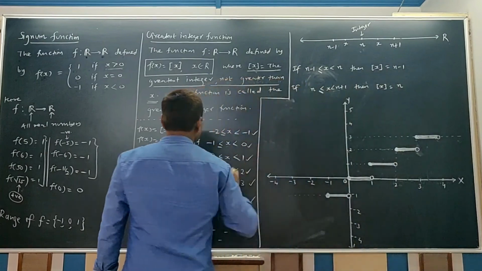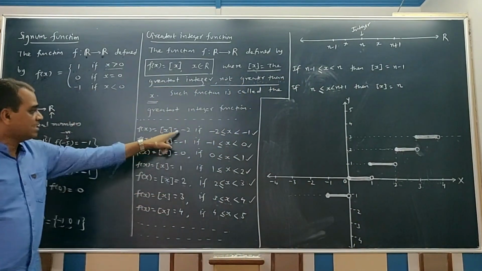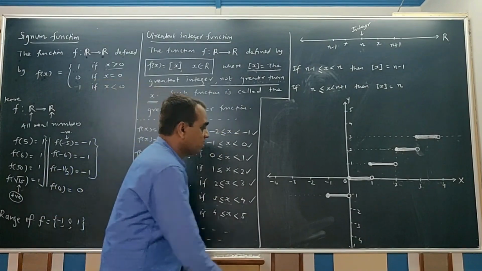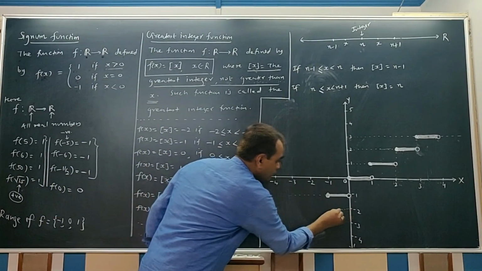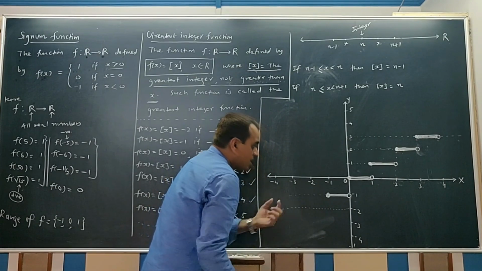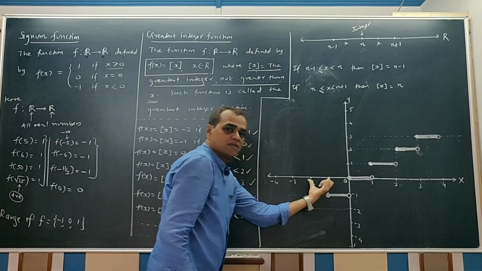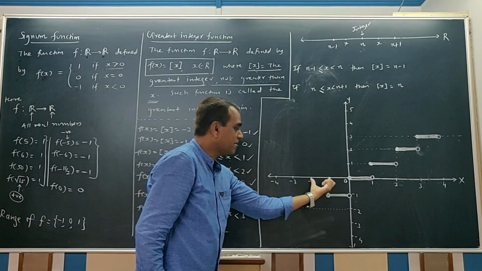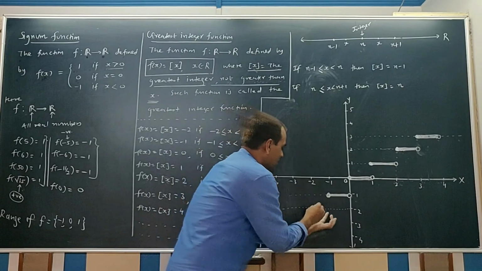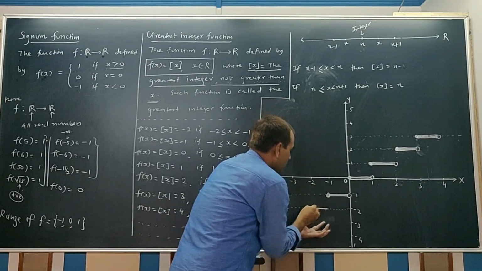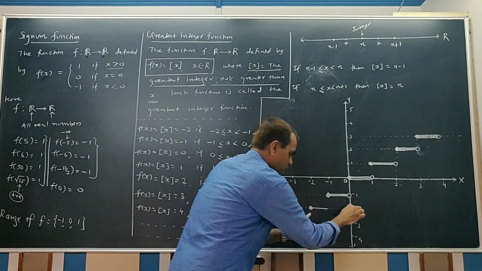Similarly, for this line, y is minus 2 if x is between minus 2 and minus 1. Here these points have y coordinate minus 2, for those points whose x coordinate is from minus 2 to minus 1. So image of minus 2 is minus 2.